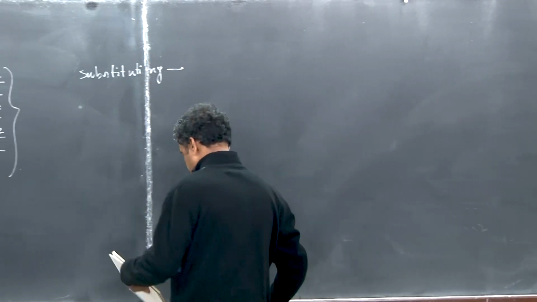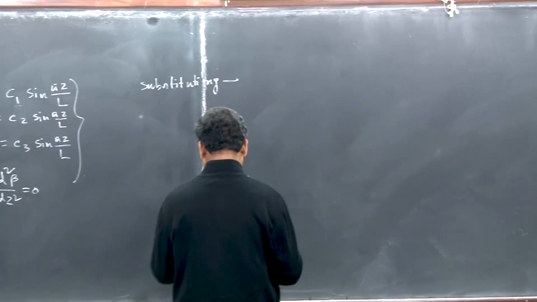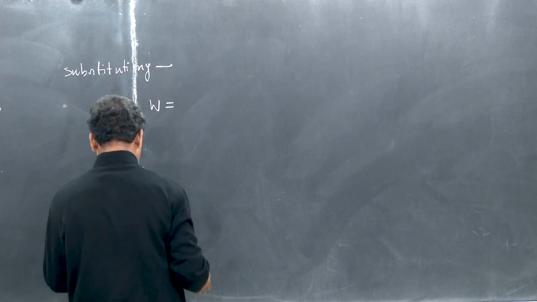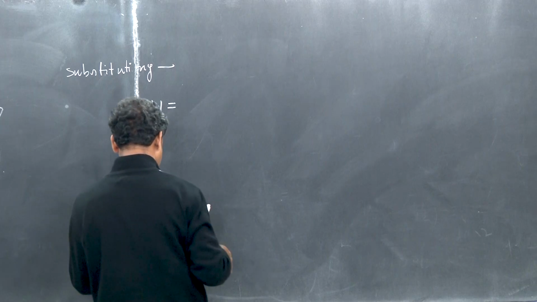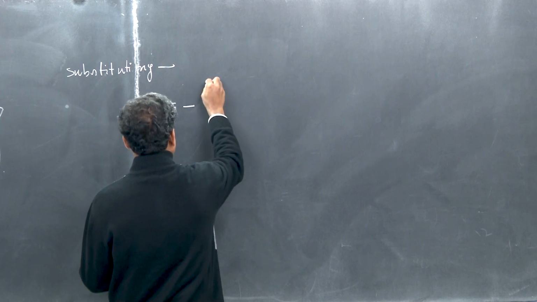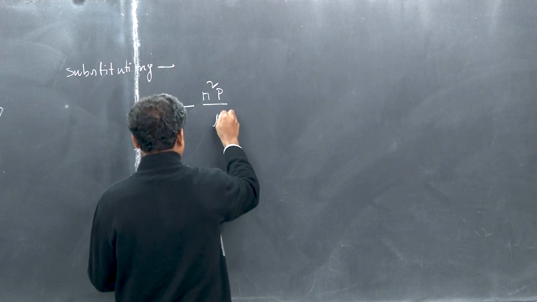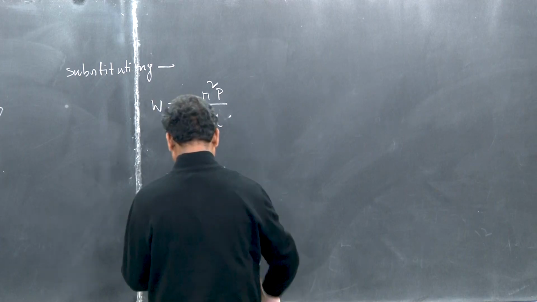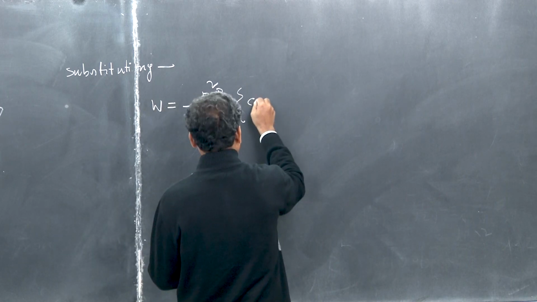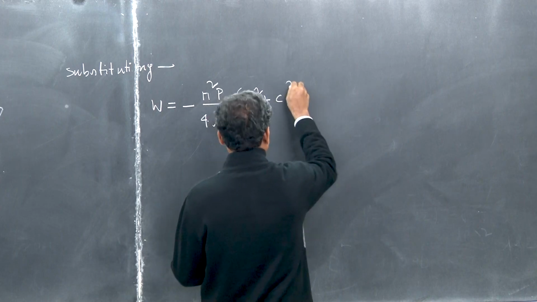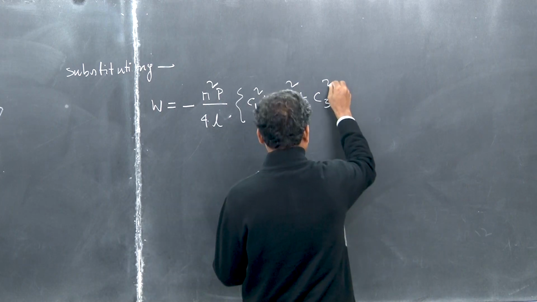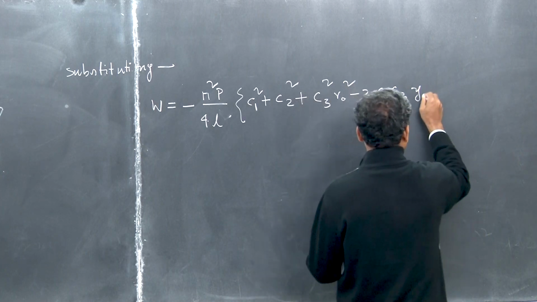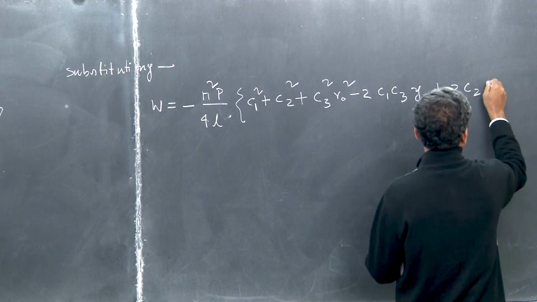The standard integral comes, and you will see the work done, which you have to multiply with P. So minus pi square P by 4L, with C1 square, C2 square, C3 square r0 square, C1 C3, C2 C3.